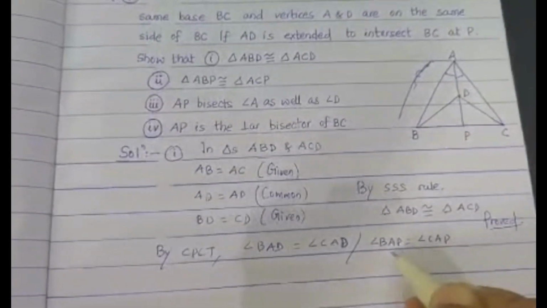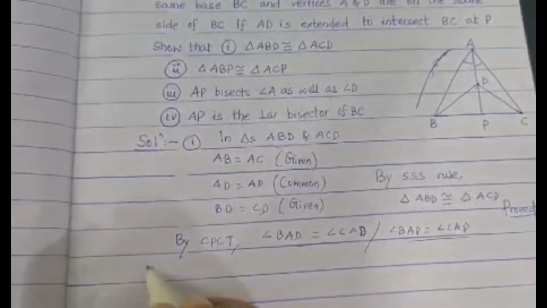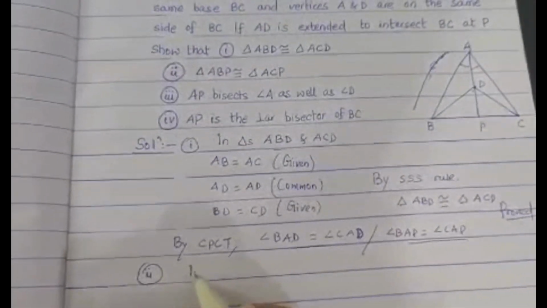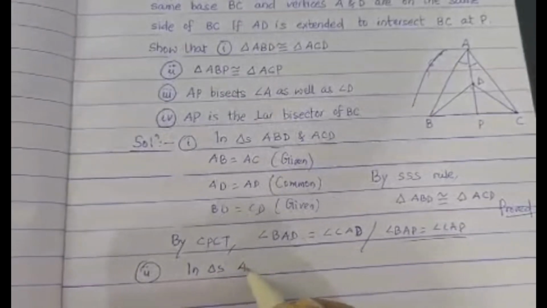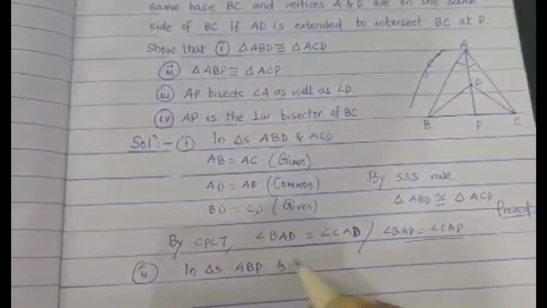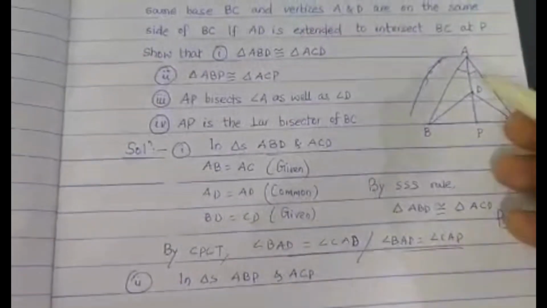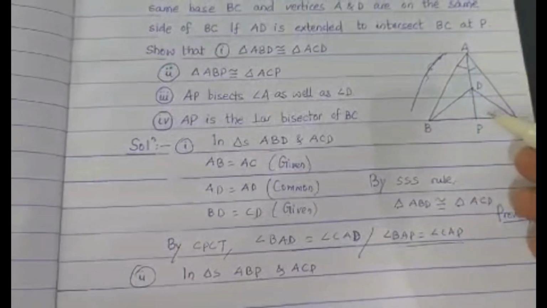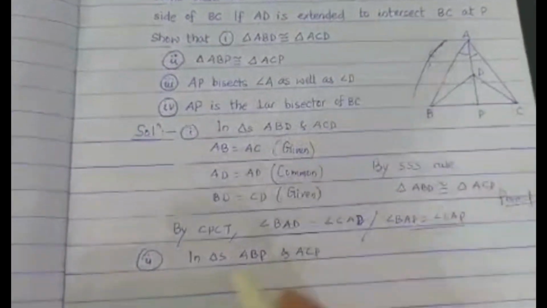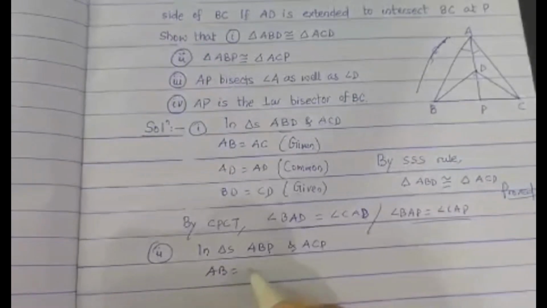This is the same thing. Now we will prove the second one. In triangles ABP and ACP, first of all, AB equal to AC. It is given.